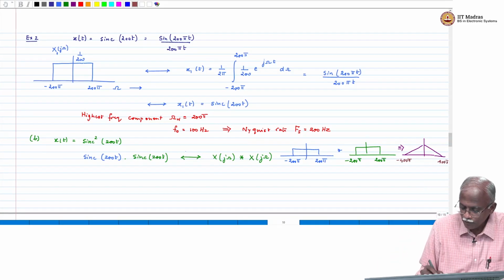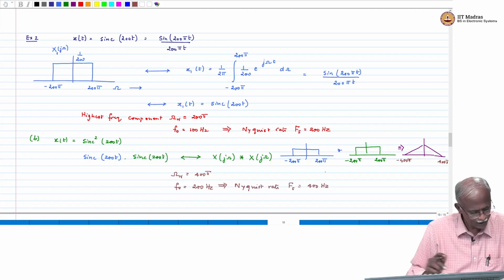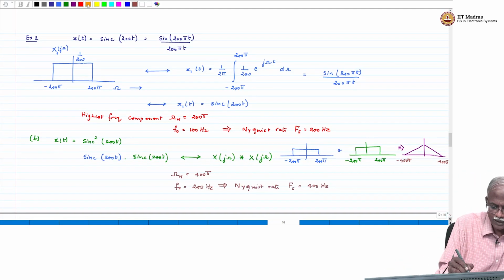So if your highest frequency component omega n is equal to 400 pi, then f naught is equal to 200 hertz, then the Nyquist rate will be Fs equal to 400 hertz. Again, simple applications.